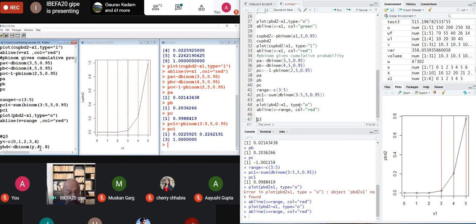Individually compute it and add. So your probability evaluation can be done by algebra, 1 minus etc., or by syntax, the sum of individual probabilities for the range.